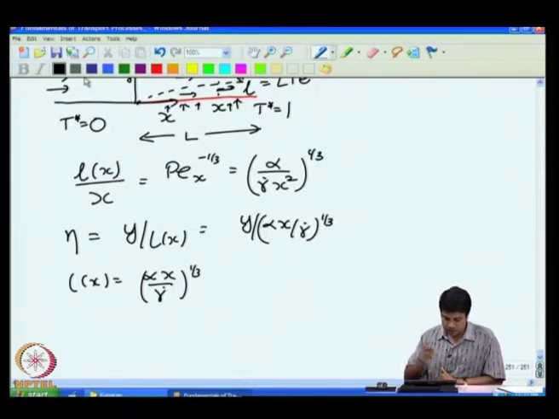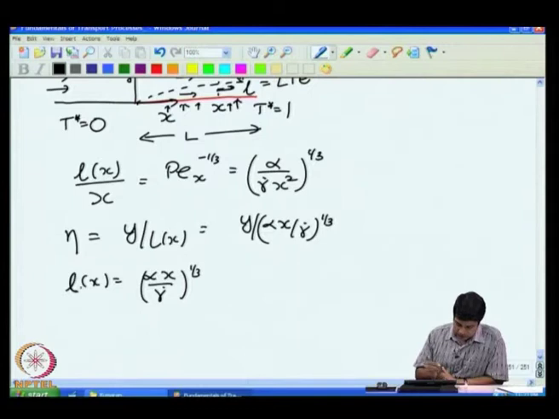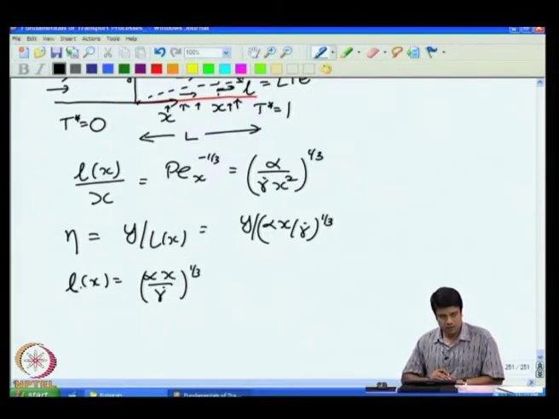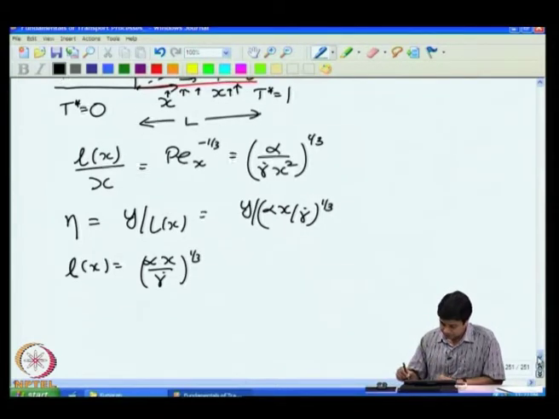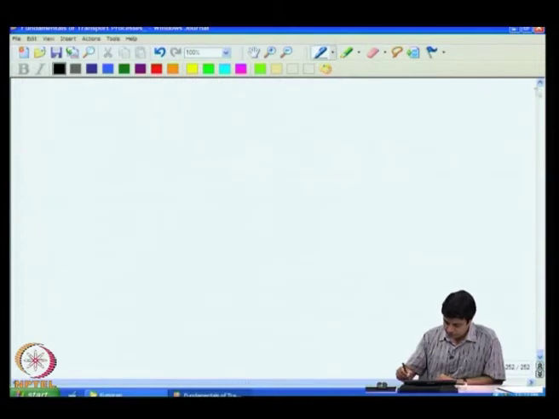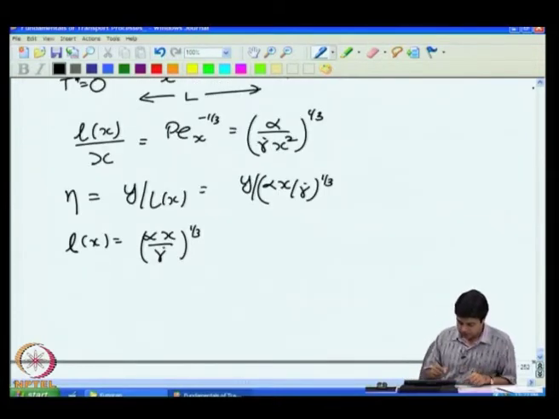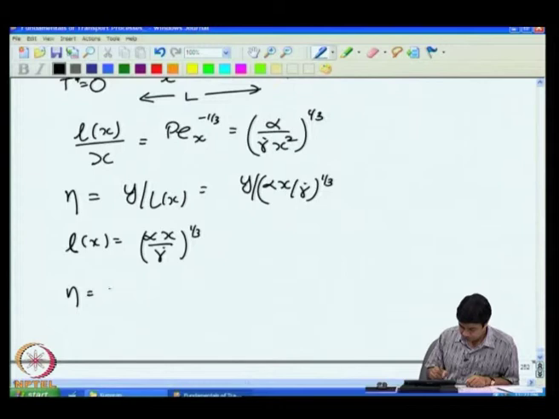It should depend only upon the distance x from the upstream section. So, my boundary layer thickness L of x has to be (alpha x by gamma dot) to the power 1/3. If this is the boundary layer thickness, then I just divide y by that to get a scaled variable, because the characteristic length scale in the y direction is this small l. So, I can define eta is equal to y divided by (alpha x by gamma dot) to the power 1/3.